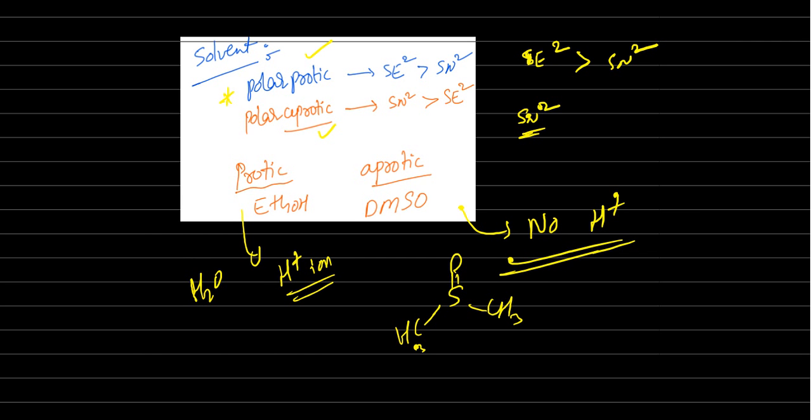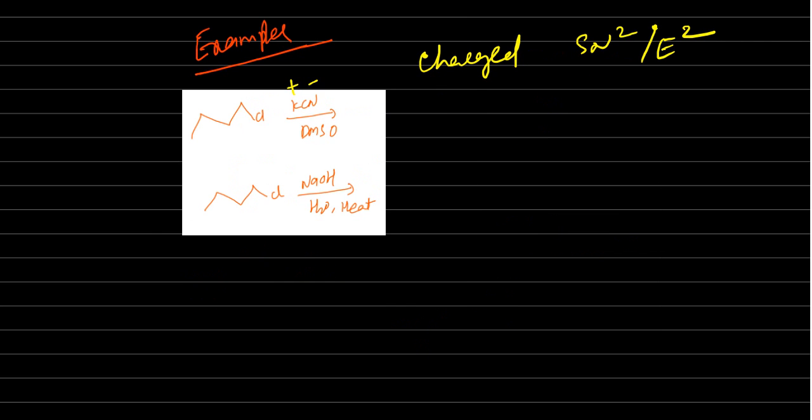If polar protic is there, E2 is favored over SN2. If polar aprotic is there, SN2 is favored over E2. See here, DMSO is polar, but polar aprotic.